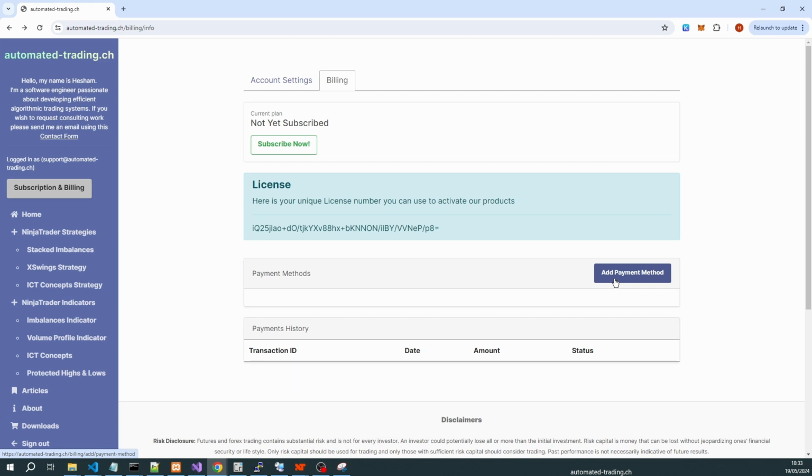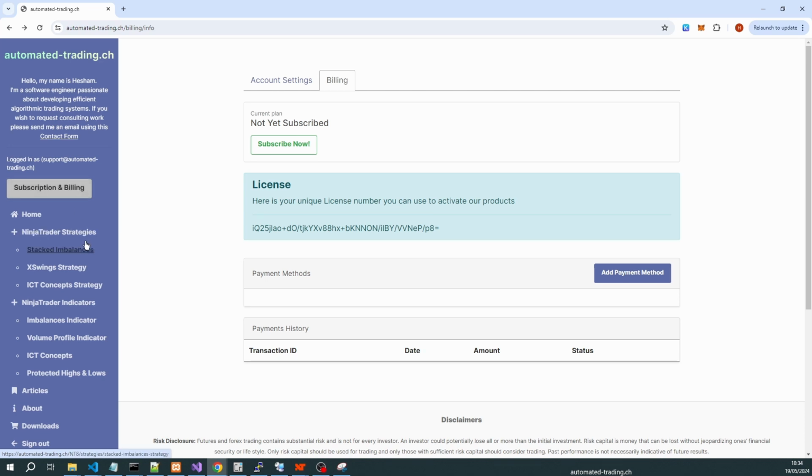I let Stripe manage all the payment stuff. On my website, there is no information about credit cards or anything like that. So it's totally safe and secure, it's been working for many months now, and I didn't have any problem with any client. You can subscribe.